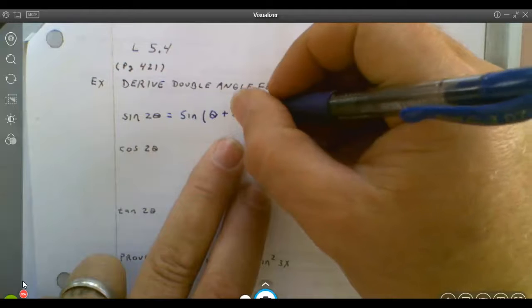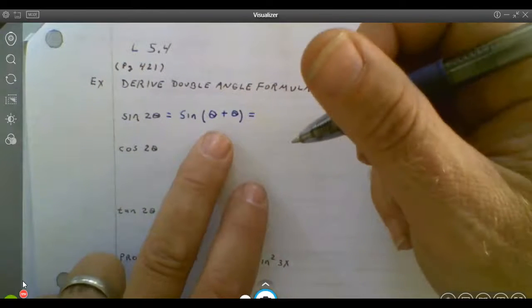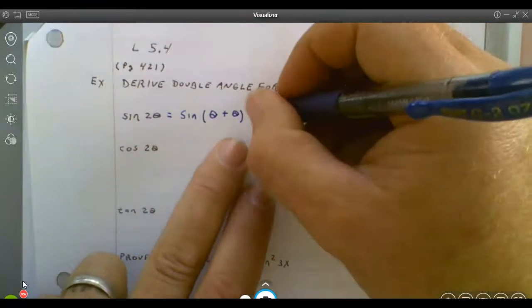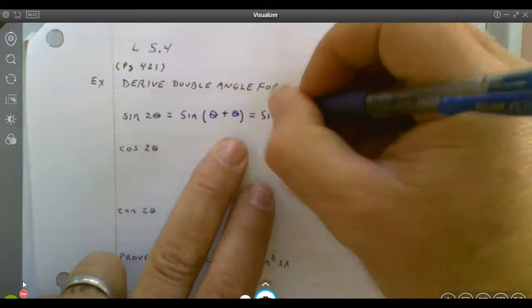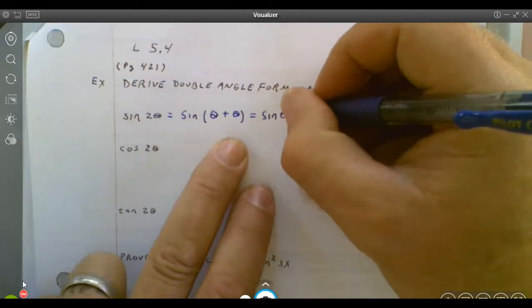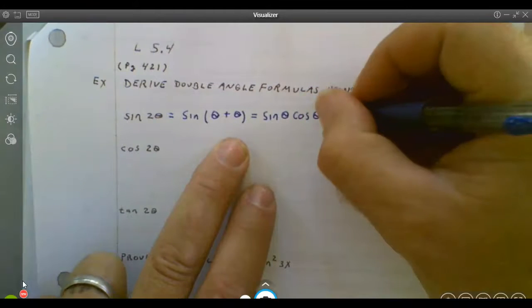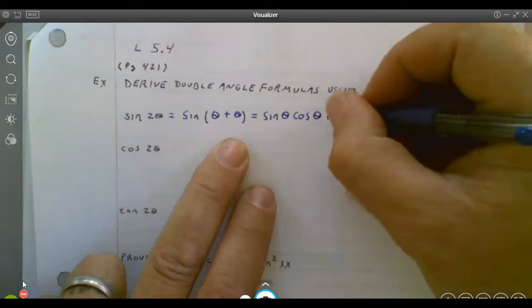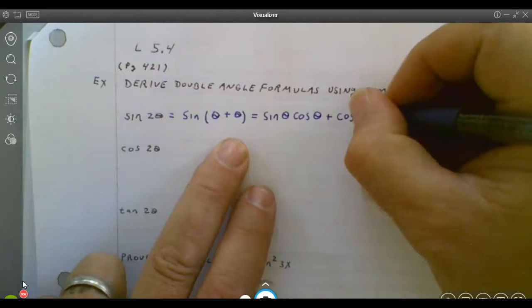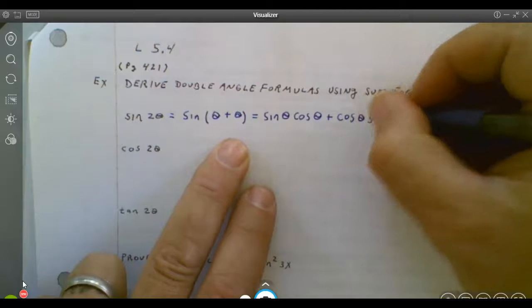We learned that the sine of two values being added together is simply the sine of the first one times the cosine of the second one plus the cosine of the first one times the sine of the second one.